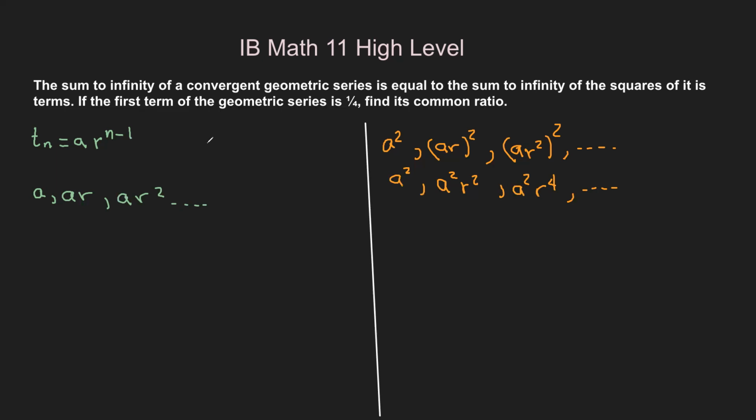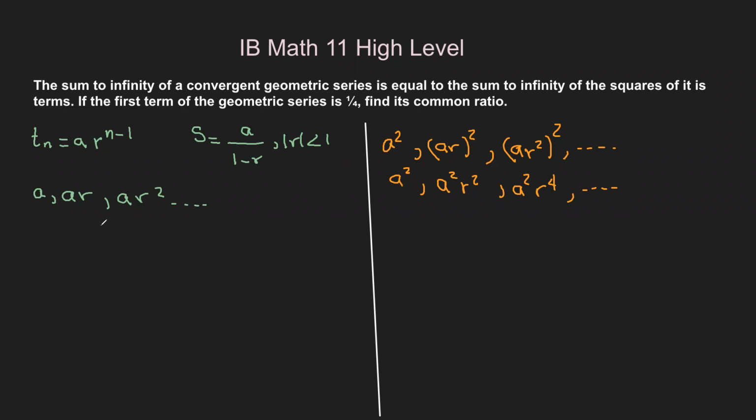The equation for the sum of an infinite geometric series is S equals the first term A over 1 minus R, providing that the absolute value of R is less than 1. So basically R has to be between -1 and 1.